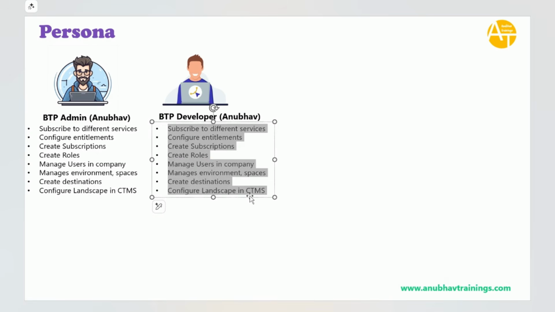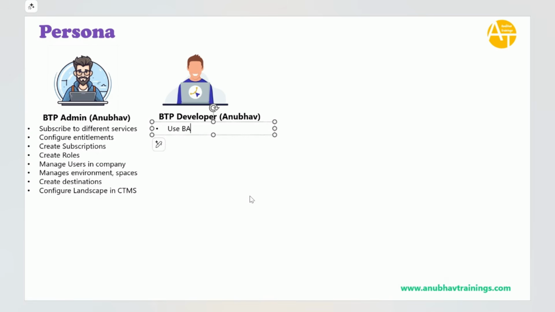What does a developer do? Use the bash tool. Create a Cloud Foundry app. Create a mta file. Deploy app. Push code to Git. Configure backing service.